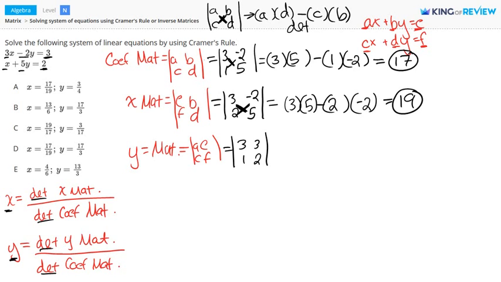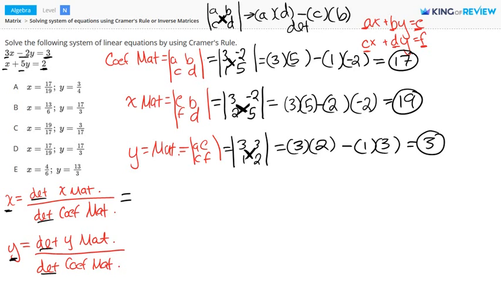So 19 is the determinant for the x matrix. And now for the y matrix determinant, we take the product of the main diagonal, so 3 times 2, minus the product of the entries in the other diagonal, 1 times 3. And when we work this out, we get 3.